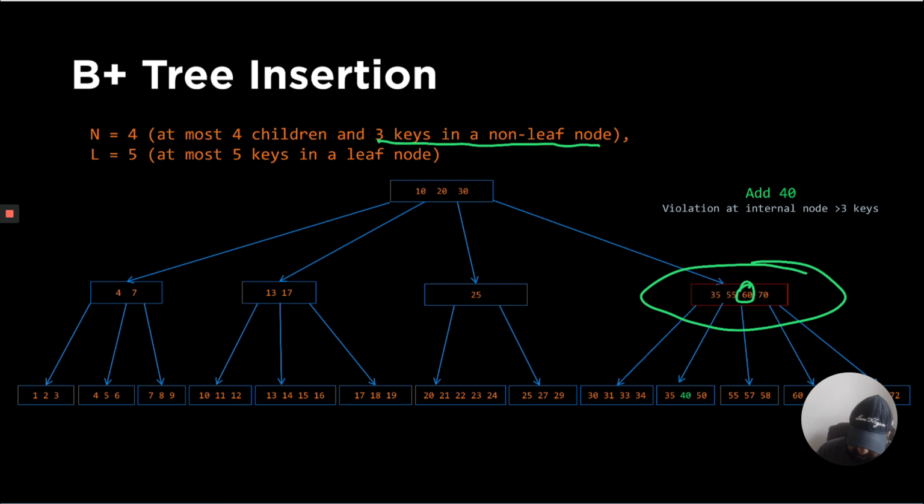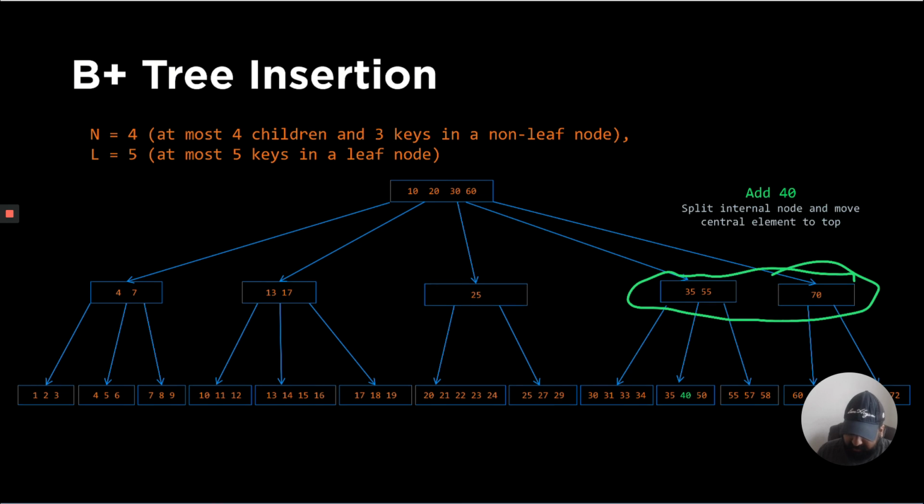So I'm going to move 60 up, but we do not need to keep a copy of 60 here. Some books might be keeping a copy here as well, but it's not required, because we know that 60 is going to be somewhere in the leaf, and we just want to keep track of whether that value is there in the leaf or not.